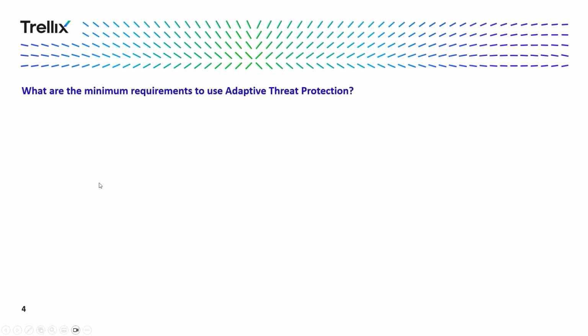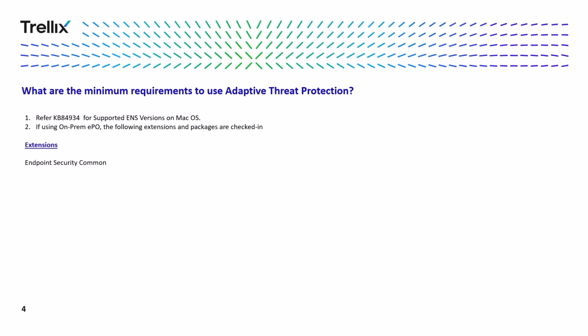What are the minimum requirements to use Adaptive Threat Protection on a system? Please refer to KB 84934 for supported ENS versions on macOS. If using on-prem ePO, the following extensions and packages must be checked in. The extensions are Endpoint Security Common, Endpoint Security Threat Prevention, and Adaptive Threat Protection.